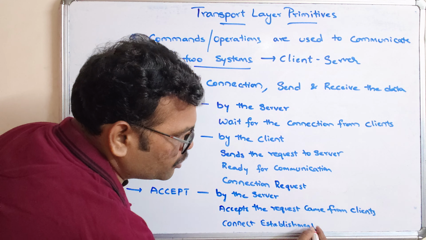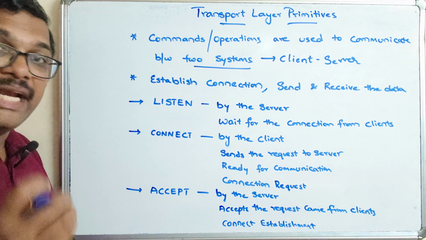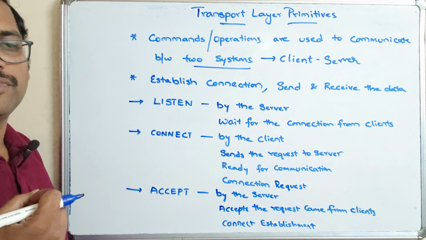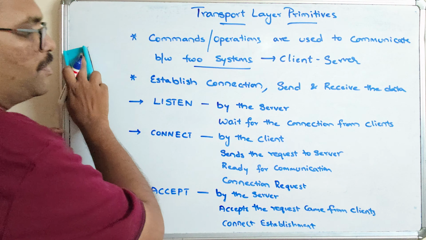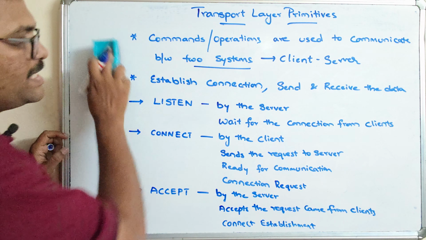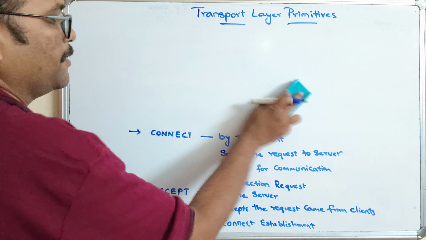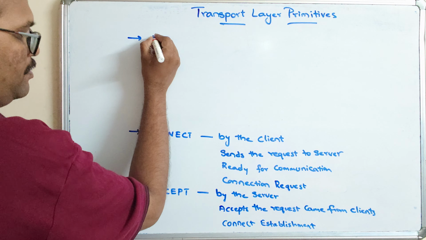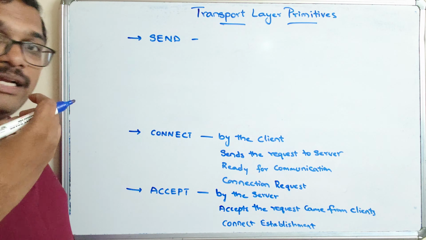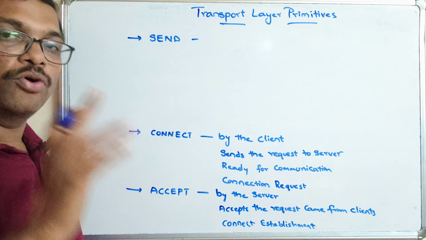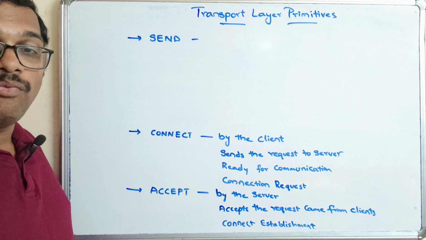Once the connection is established, what happens? Now both the systems are ready to share the information. So: LISTEN, CONNECT, ACCEPT, and SEND. The work is done by either client or server, because both are ready to send information.